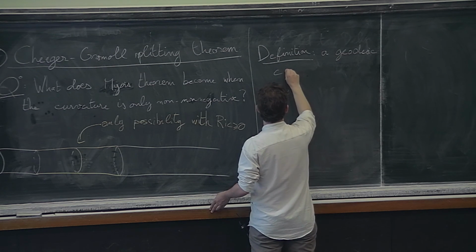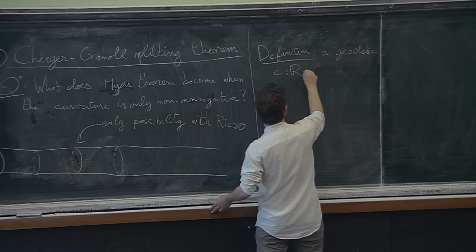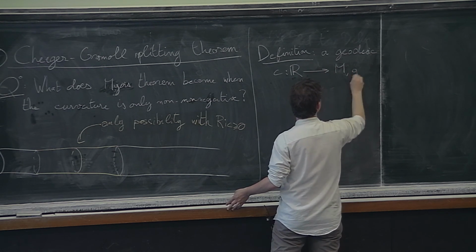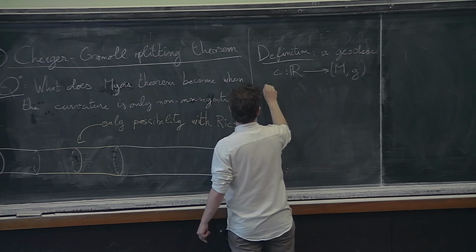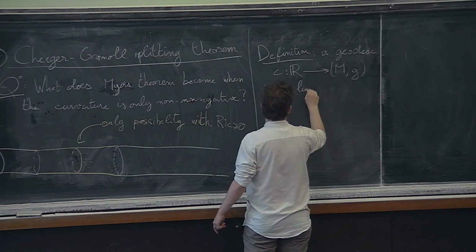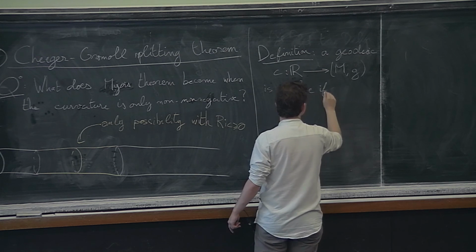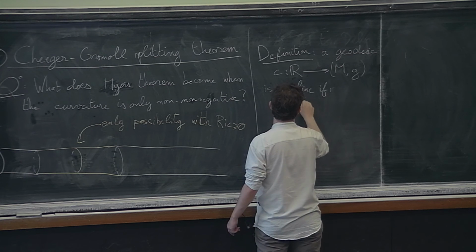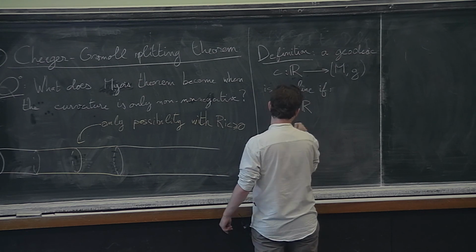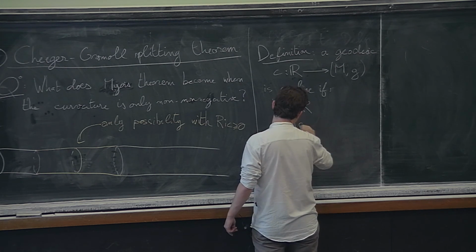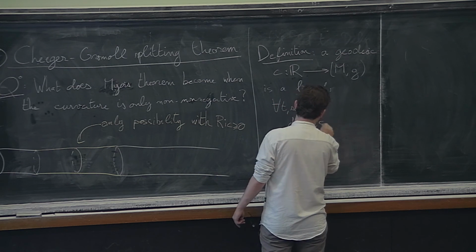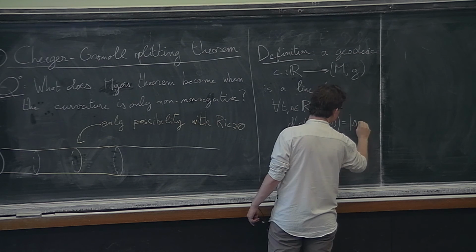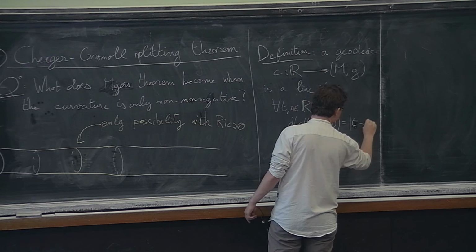A geodesic c, which is a complete geodesic defined for all time in a Riemannian manifold, is a line if, for every t, s in R, the distance between c(t) and c(s) is equal to the absolute value of t minus s.